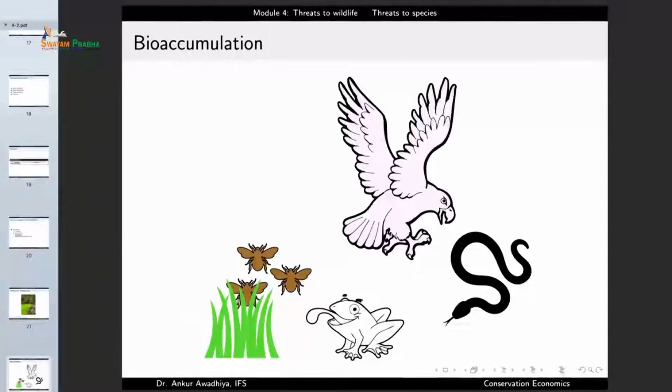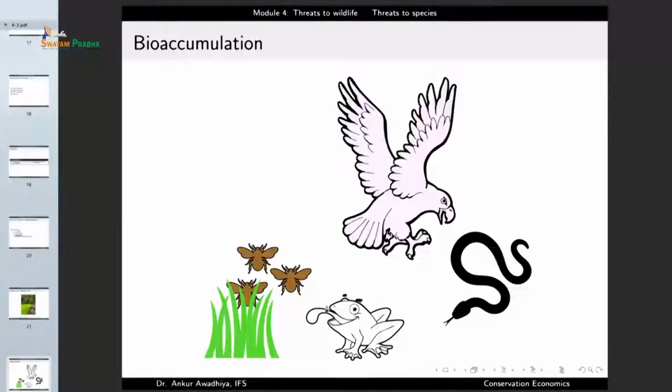Now, the level of pesticides in these grasses was very low, but because these insects have fat bodies, the pesticide is getting accumulated in their bodies. Now, when the next organism, like a frog, eats these insects, the fat that was in the bodies of these insects enters the body of this frog.